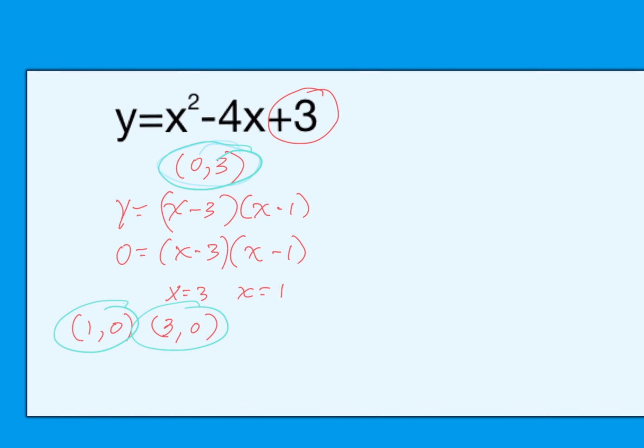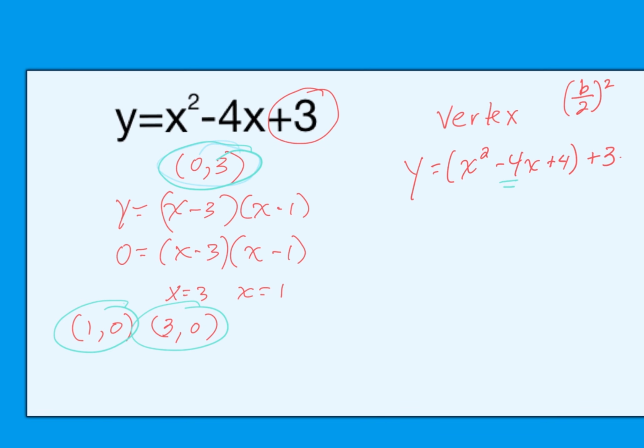Next step, we want to complete the square to find the vertex. So we're going to have y equal to, x's together, x squared minus 4x together, and then I'm going to have the plus 3 on the outside. Remember, b divided by 2, squared. Add it, subtract it. What b? This b here, negative 4. So negative 4 divided by 2 squared, that's going to be 4, okay?